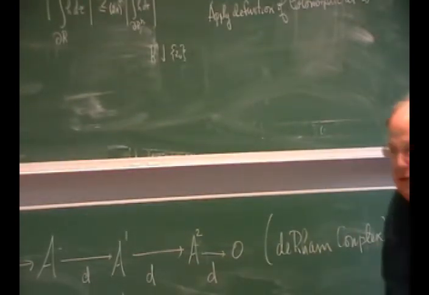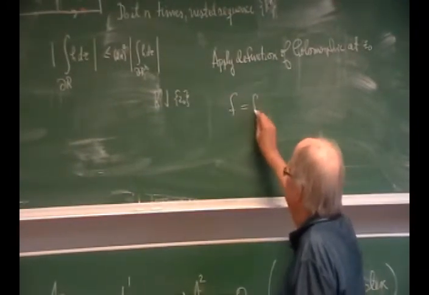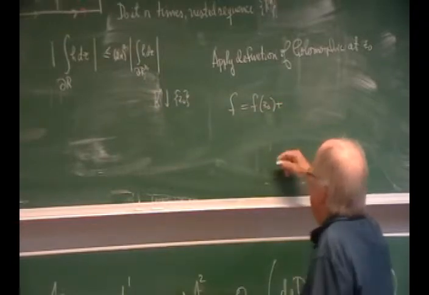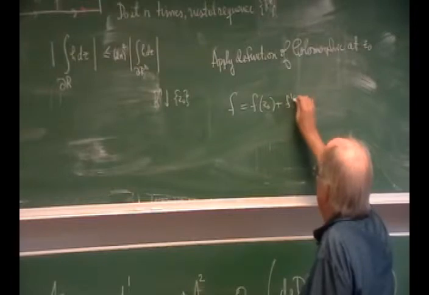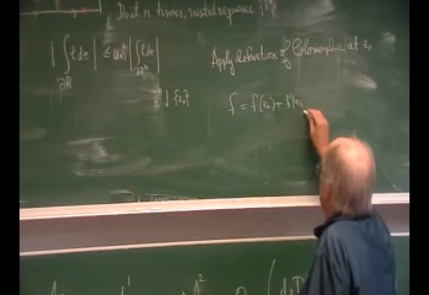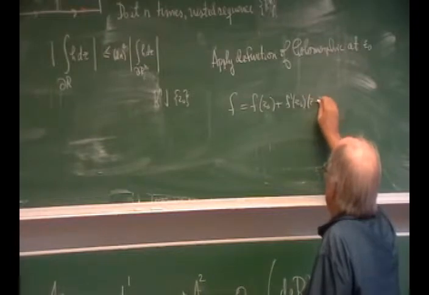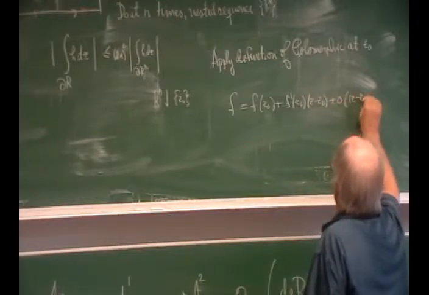Let's recall the definition. f equals f of z0 plus, well, it's affine, but let me even put the derivative as what it is, f prime at z0, whatever that number is, times z minus z0, plus little o of z minus z0.